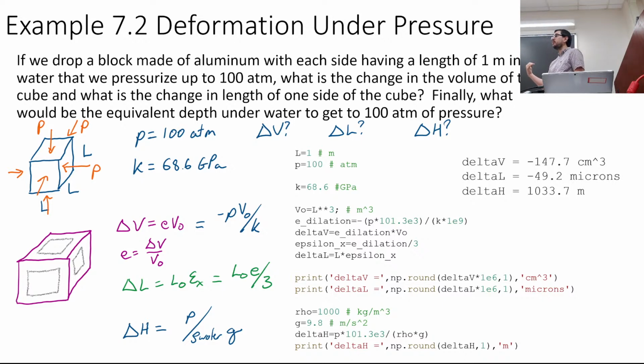That's pretty significant, actually. If any of you dive down to the bottom of the Wurblin pool, you know that your ears are going to feel something. I had that unexpected opportunity not too long ago.